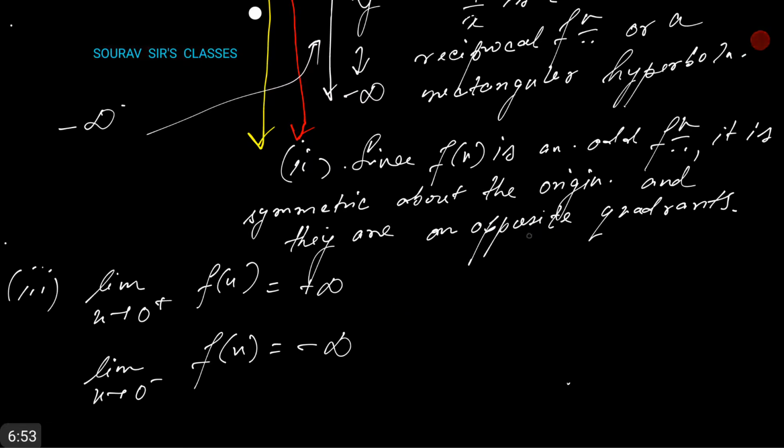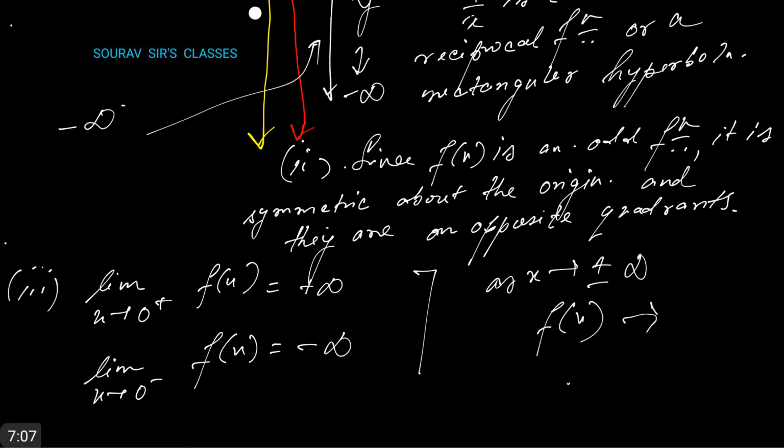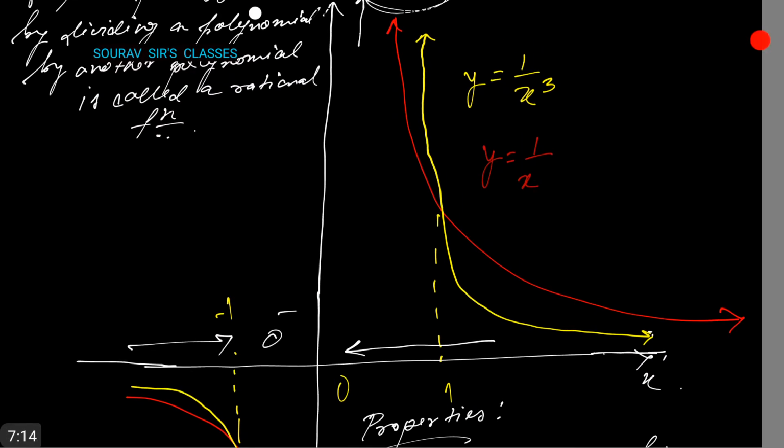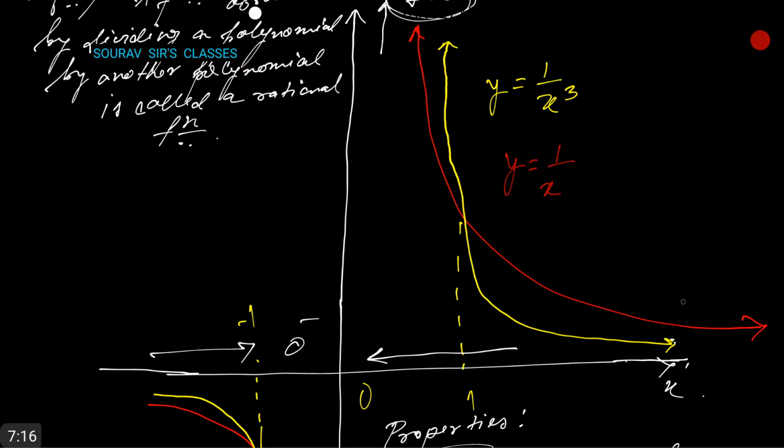Also, just note one thing: as x tends to plus or minus infinity, f of x tends to 0. Now as you go towards infinity on the x-axis, the value of y will tend to 0.